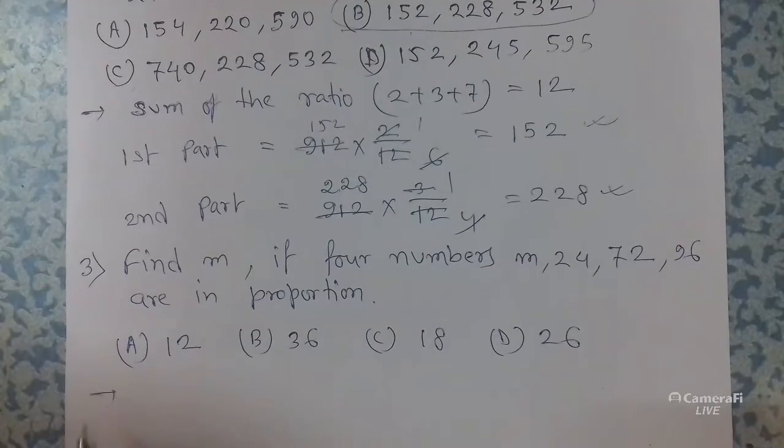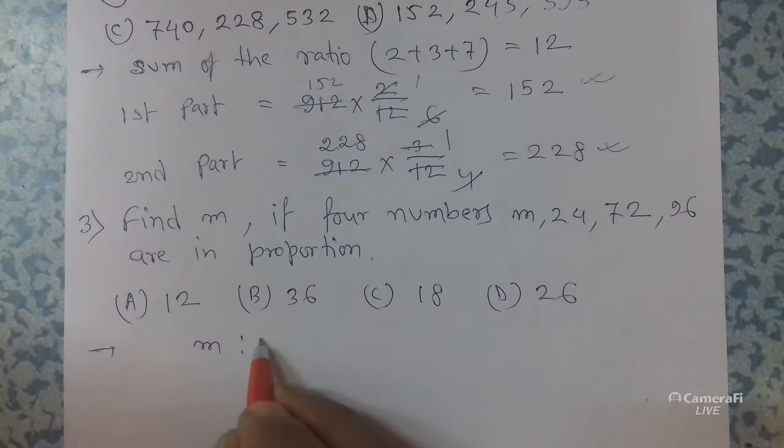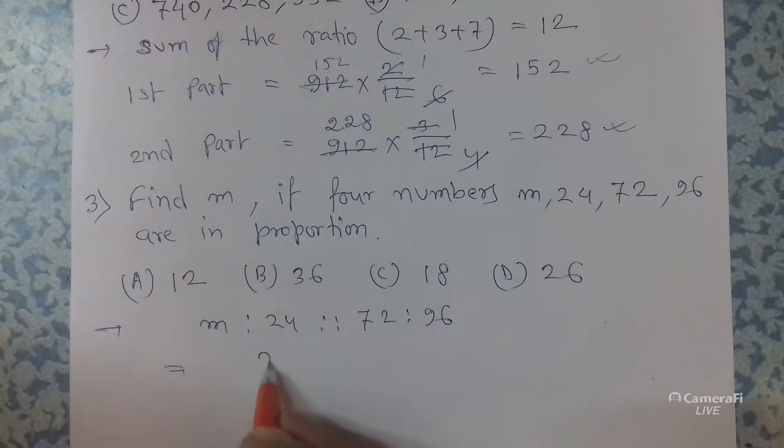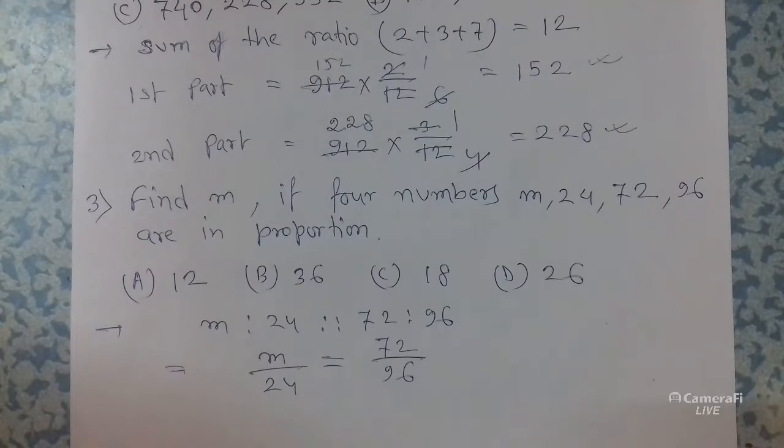So that means these four numbers are in proportion. So we can write the numbers like this. M is to 24 equals 72 is to 96, that means M by 24 equals 72 by 96.